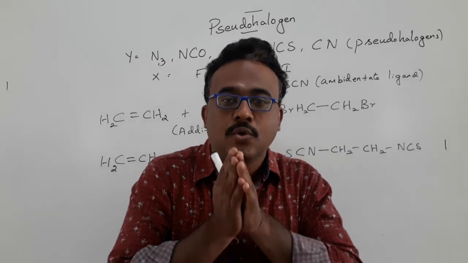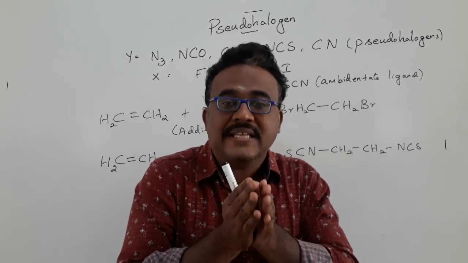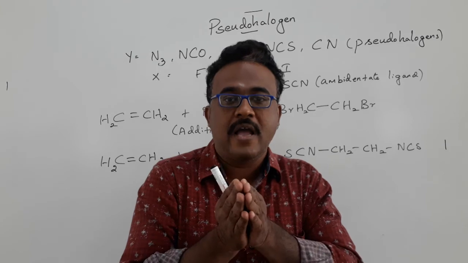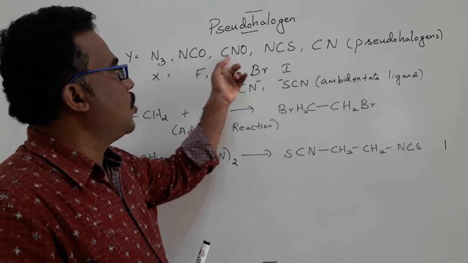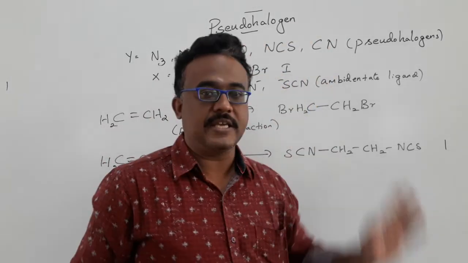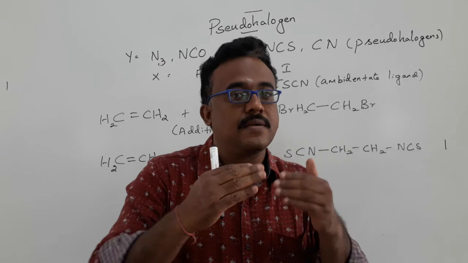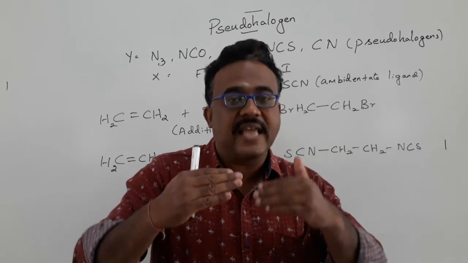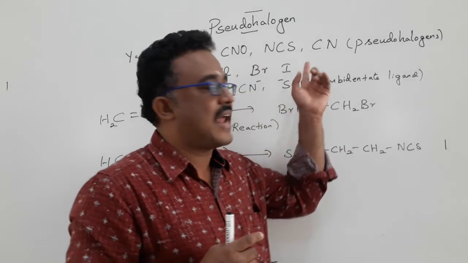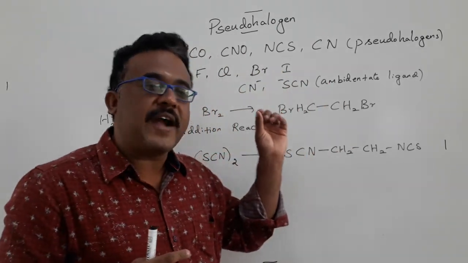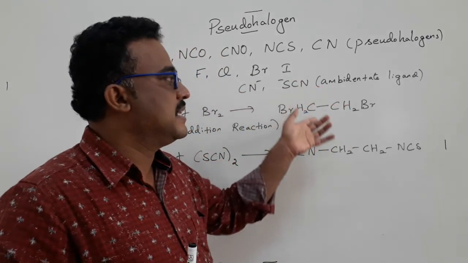The concept of pseudo halogens proves useful in systematizing the chemistry of inorganic radicals such as N3, NCO, CNO, NCS and CN. Most of the time their behavior is similar, but at the same time we find some differences also, as noted in this lecture.